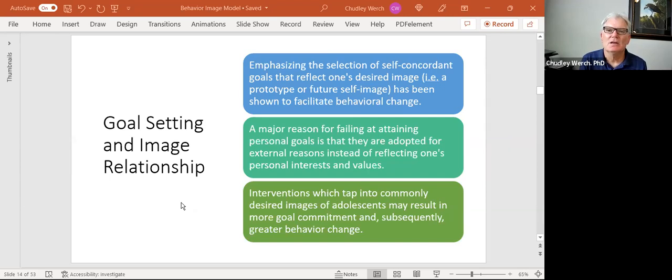That will lead to much more productive goal setting, goals that will be set, committed to, and achieved over time. So that's what we're talking about, linking goals to images, very important to the success of the goals.